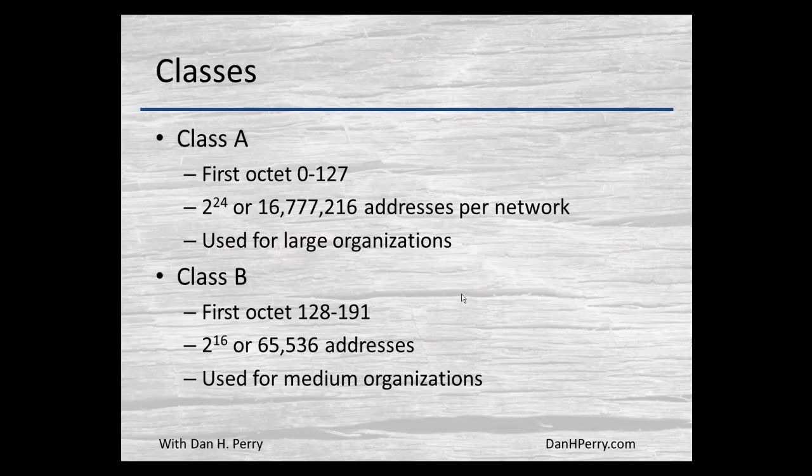This gives us 2 to the 16th, or 65,536 possible addresses. And this was originally given to medium-sized organizations. Today, still a lot of companies have Class B addresses, but more and more those are being given now to smaller and medium-sized ISPs.